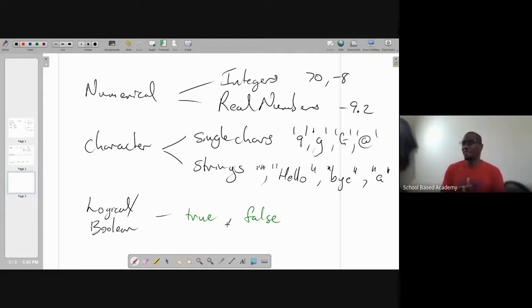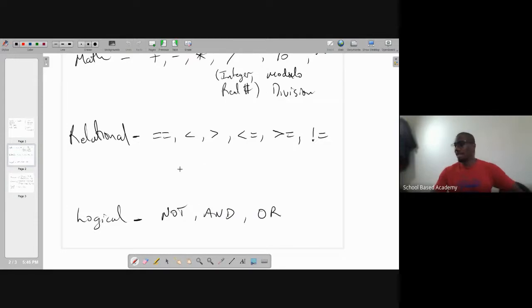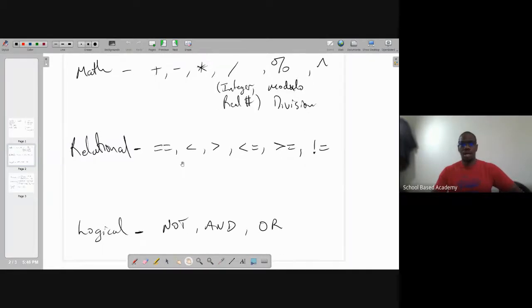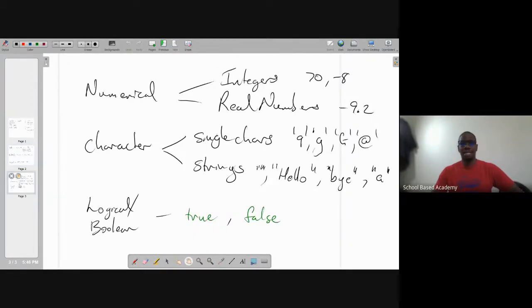There's no maybe inside of our logical data type. So we have true or we have false. And now we can apply these operators to the values of our data types.